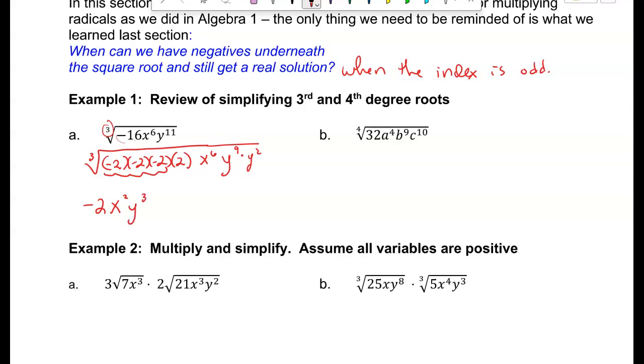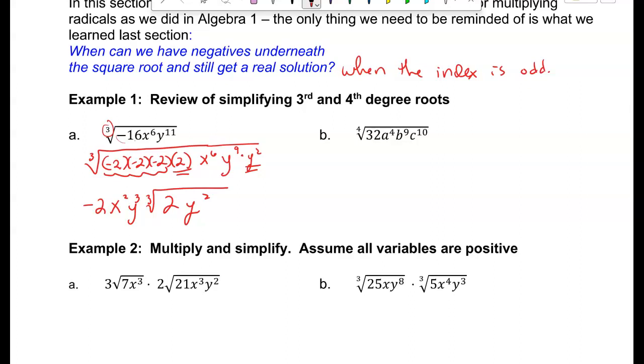Y cubed. Now, what gets left in my cubic root here? We got a 2, correct? And then what else do we have? Y squared. Are you seeing where these are coming from?